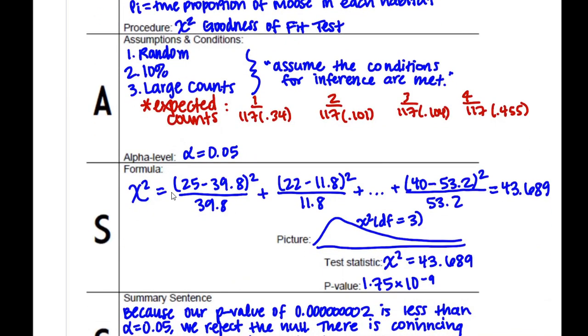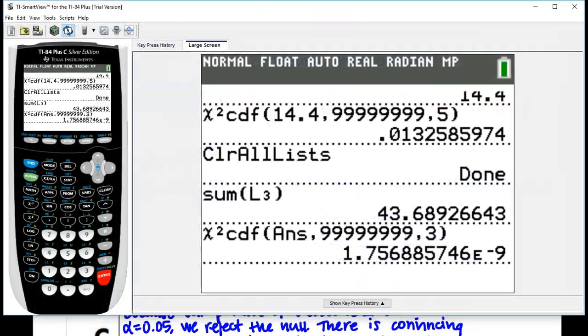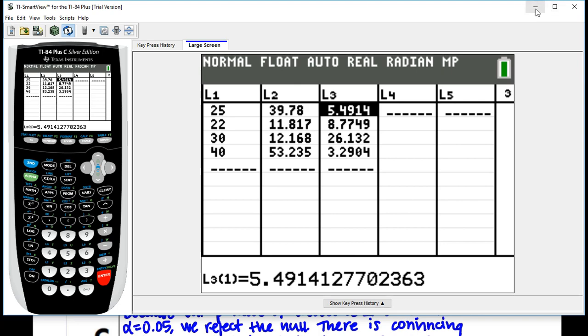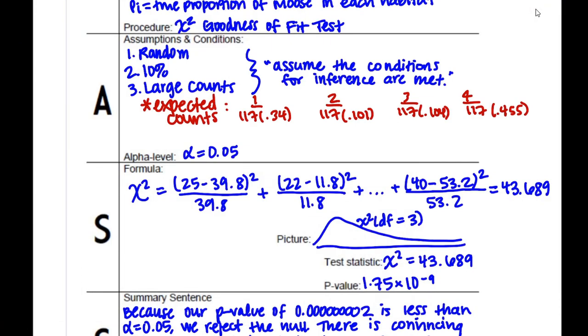So remember that we have these 4 values. We can write the expected counts down. I want to write them down from my list. Stat enter, 39.78, 11.817.